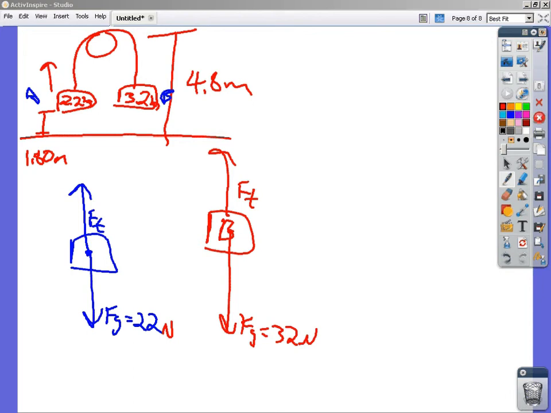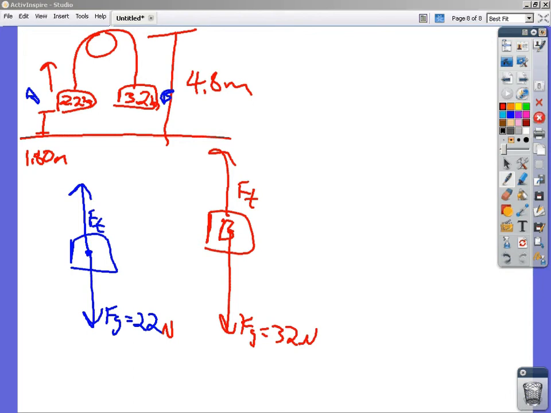All right. So what we can do is, we still can set up a net force equation. It's just we know that the net force is not zero now. So the best thing to do here is we can set up a net force. Let me make sure I'm writing this down correctly.